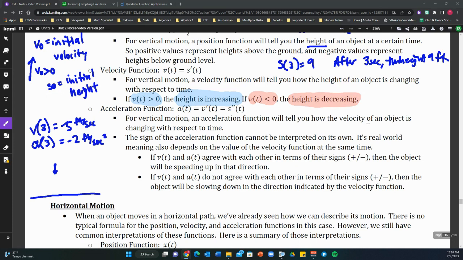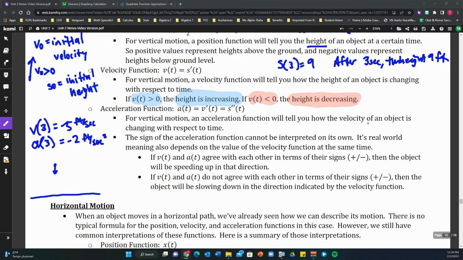But if we were to continue at that same rate, another second passes, now it's going -7 feet per second, and then -9, and so on. So that's the idea. When these agree in sign, the object is going to be accelerating or speeding up in that particular direction.